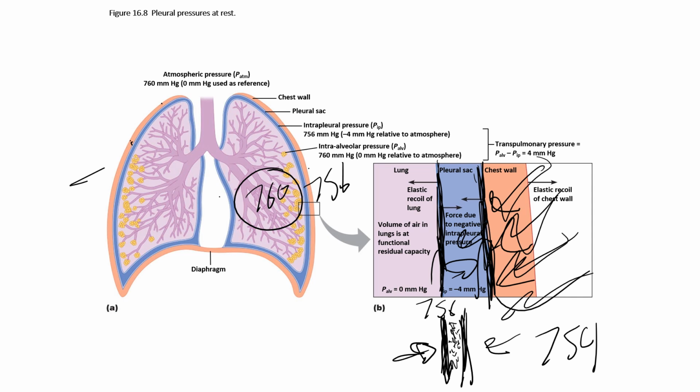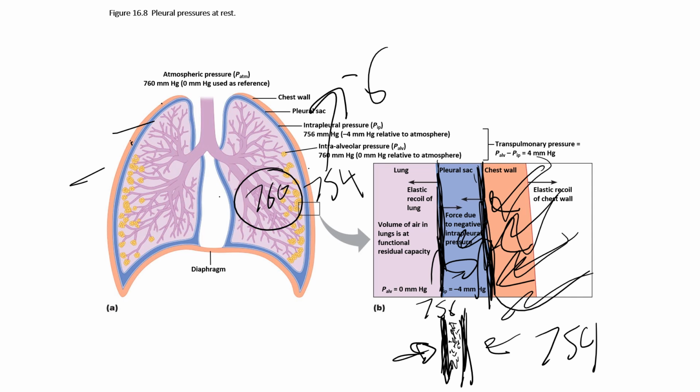So what has happened here? Transpulmonary pressure has actually decreased, because at the end of inspiration, what is intrapleural pressure? It's 754. Well, intra-alveolar pressure is 760. So that's a transpulmonary pressure of -6.